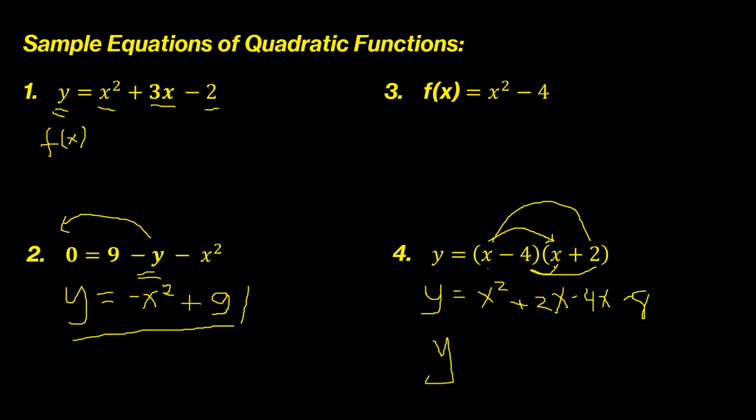So we have y equals x squared minus 2x minus 8. So this is the quadratic function resulting from simplifying our original function, y equals quantity x minus 4 times quantity x plus 2.